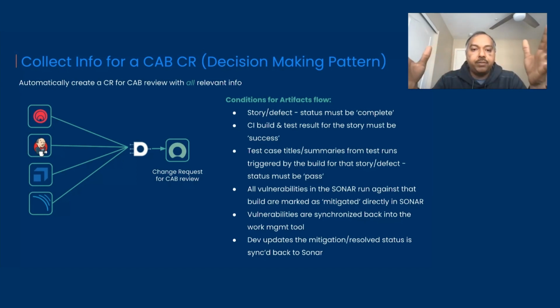So all that information can be aggregated, collated, and formatted when you're creating your change request so that your CAB team can now take a look at the entire set of data and say, okay, we are ready to go and deploy this in production, right? Otherwise, pulling in all this information from all the systems and sitting on a CAB review, I don't know how many of you have sat on CAB review meetings.